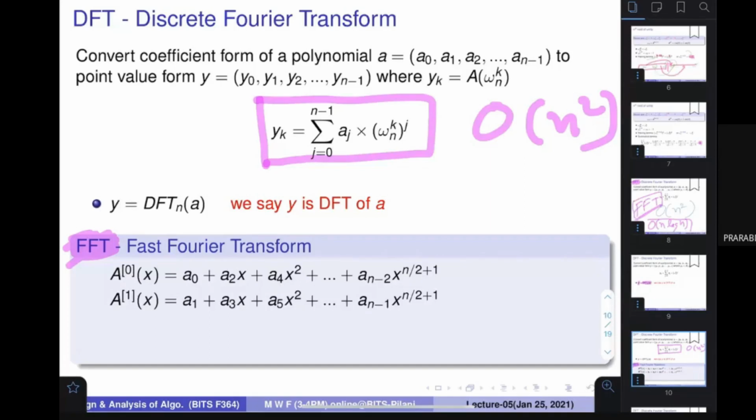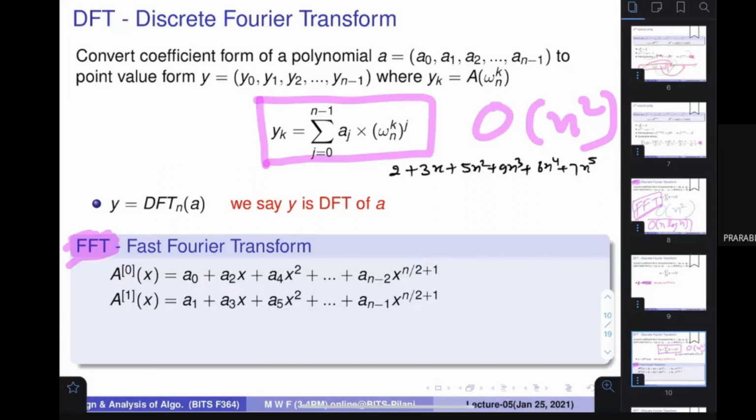Hope all of you are going to focus on me, and let me write an expression. 2 plus 3x plus 5x square plus 9x cube plus 6x to the power 4 plus 7x to the power 5. Let's assume I write it. Now be with me.